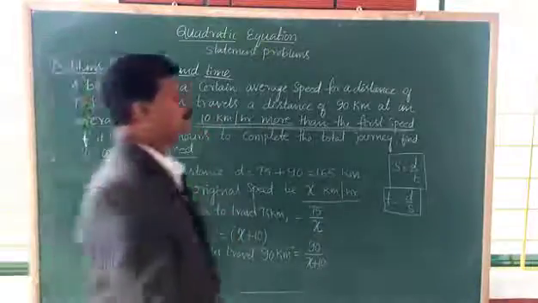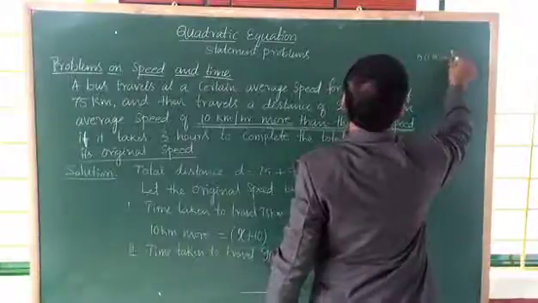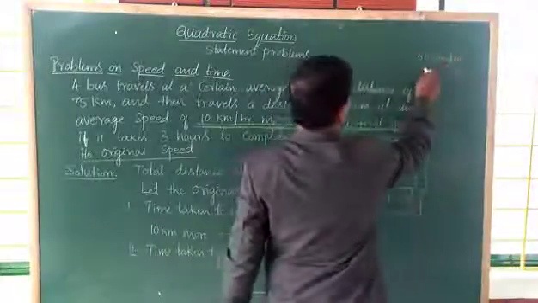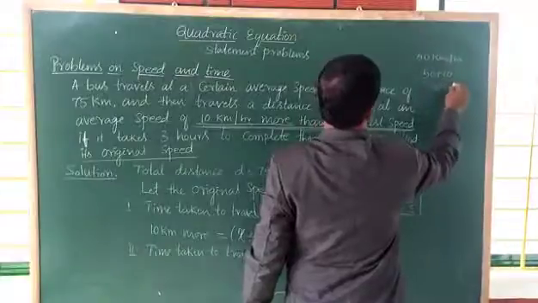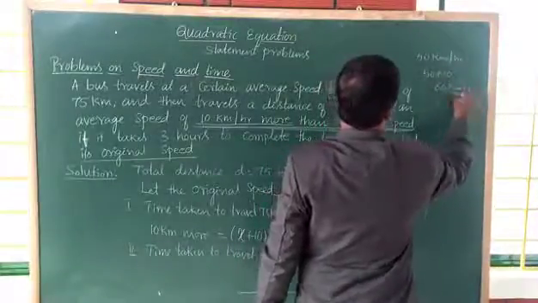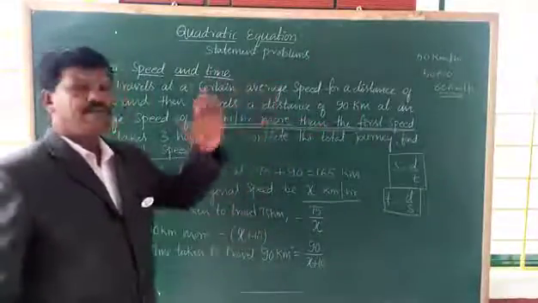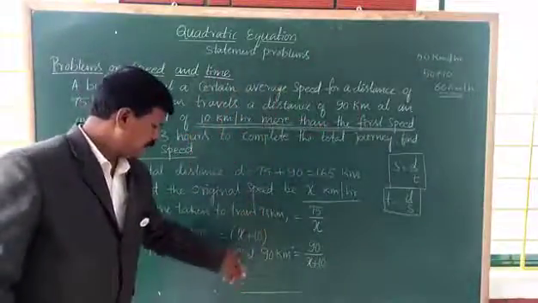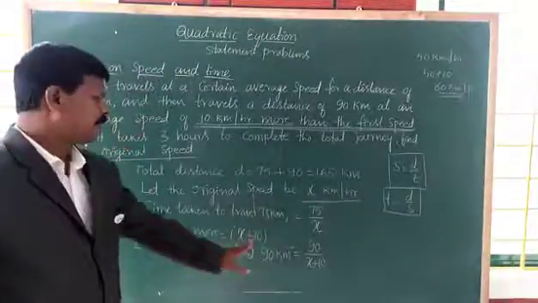For example, if the first speed is 50 kilometer per hour, then 10 kilometer more means 50 plus 10, 60 kilometer per hour. Here that 50 we don't know, that's why we have taken that as x. Now this is the time taken.